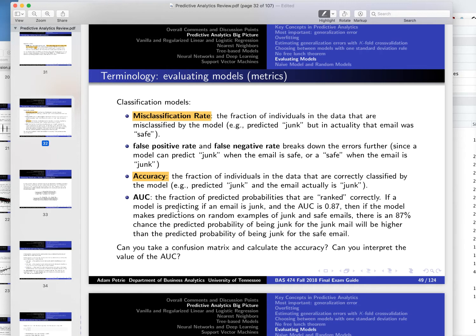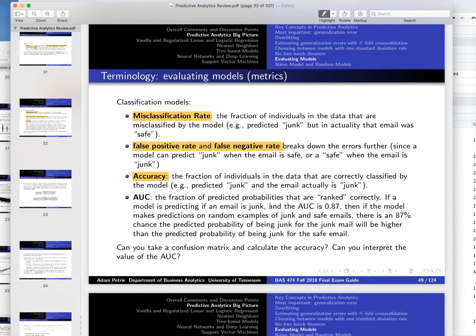There are a few other metrics that we sometimes are interested in focusing on. One of those is the false positive or false negative rate. For example, if we were designing a predictive model that opened up an email, scoured through the words, the character frequencies, the punctuation frequencies, and made a prediction as to whether that email was junk or safe, it's not the overall accuracy of that model that's going to be the most important to us.